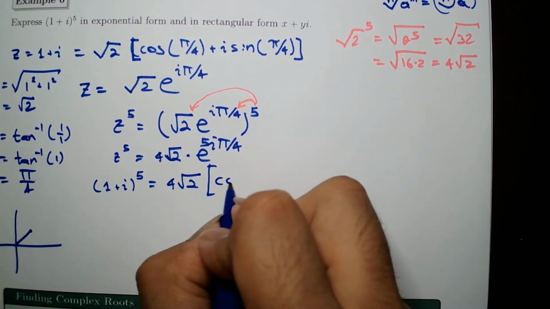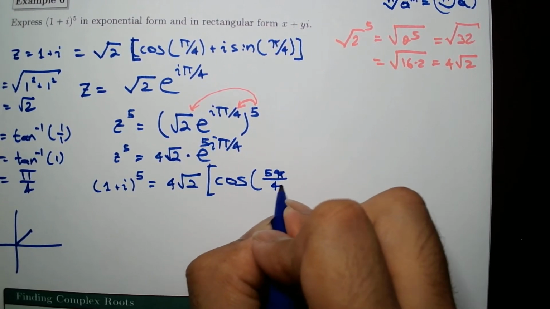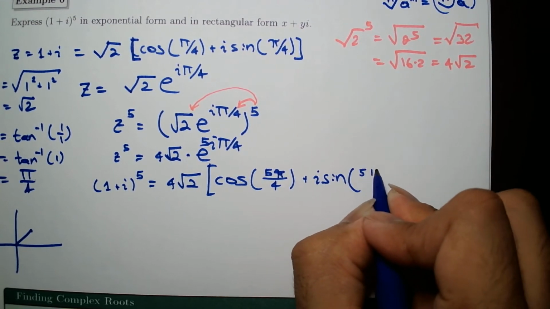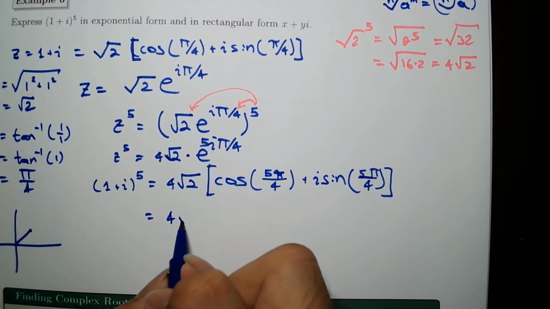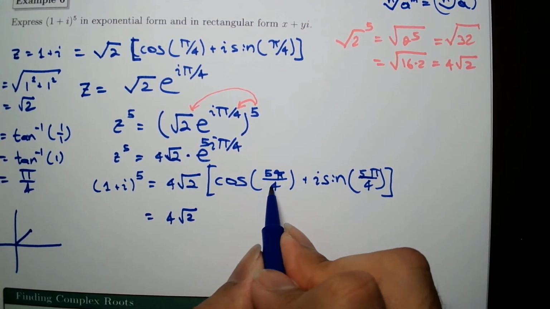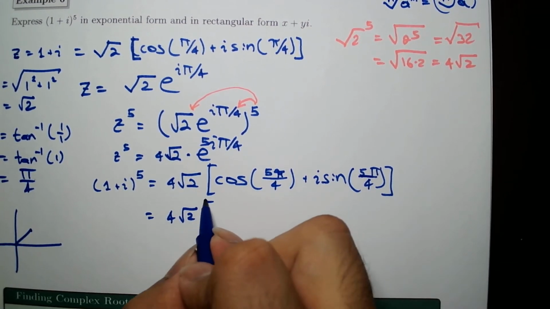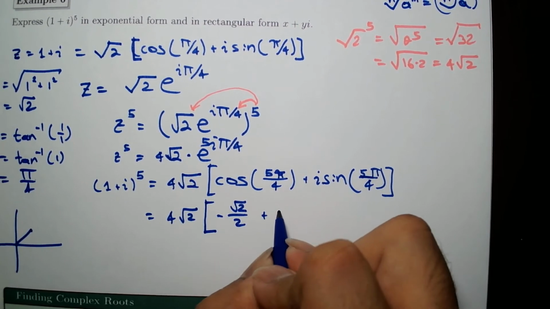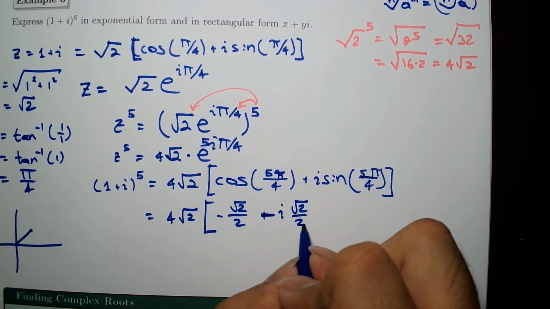Let's write this in terms of cosines and sines: cosine 5 pi over 4. 5 pi over 4 is in the 3rd quadrant, so both cosine and sine are negative values. In this case, negative root of 2 over 2 plus i, actually minus, root of 2 over 2.